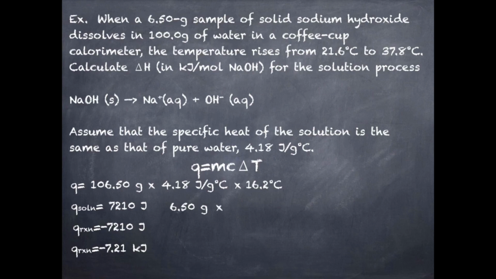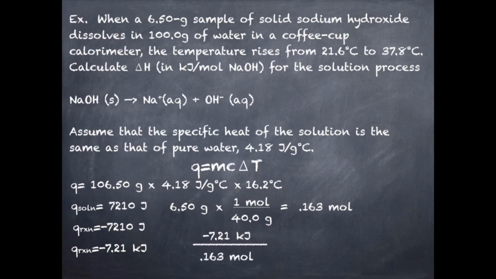I'm going to divide by its molar mass, which is 40.0 grams per mole, and that gives me 0.163 moles. So I can take negative 7.21 kilojoules and divide that by 0.163 moles, and that will give me kilojoules per mole. And so my final answer is negative 44.2 kilojoules per mole.